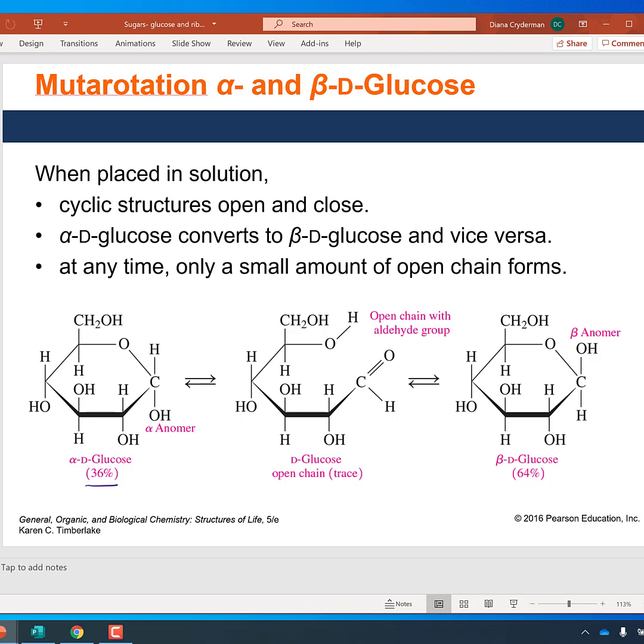So usually we're about 36% alpha and about 64% beta. And the open chain is present in pretty trace amounts. It's not very stable. And when it is in the open chain, it will have the aldehyde and the alcohol as if it were like a Fisher projection.